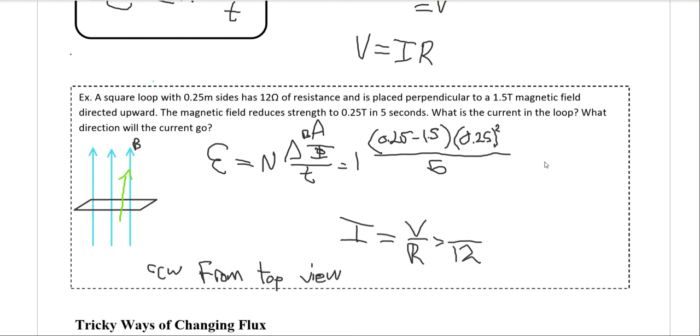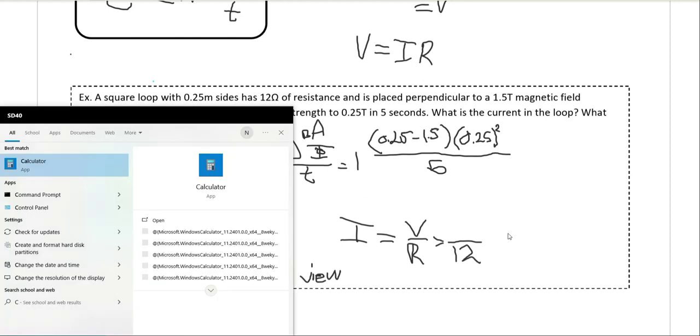0.25 minus 1.5 would be 1.25 in magnitude. 1.25 divided by 5 would be 0.25, so 0.0625 times a quarter of that is, I'm guessing, 0.1. Oh, I'm going to just bring in my calculator.